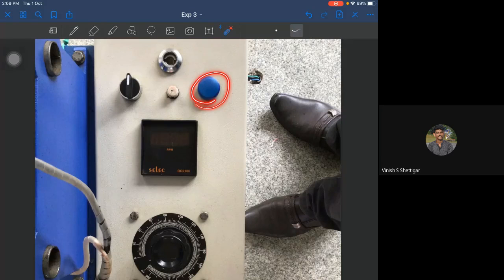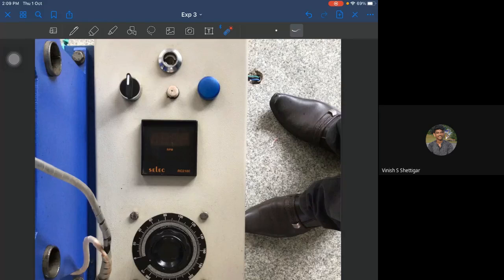Here you get the reading of your RPM, the shaft rotation speed. This is the dimmerstat I was talking about. You can rotate the knob through 360 degrees, and as soon as you rotate it, more current flows to the motor and eventually more speed is generated. This is how it goes.